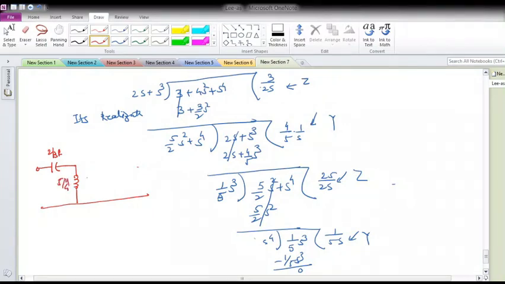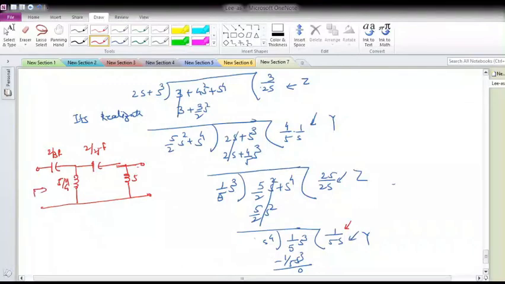Next it is impedance 25 by 2s, so there will be a capacitor with value 2 upon 25 farad. Again next is admittance, which is 1 by 5, so it is simply an inductor L with value 5, and then admittance is 0, so this is an open circuit.